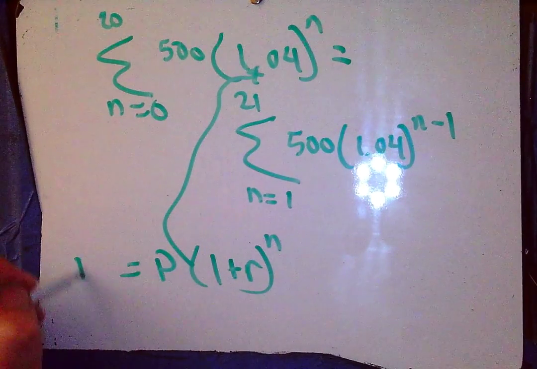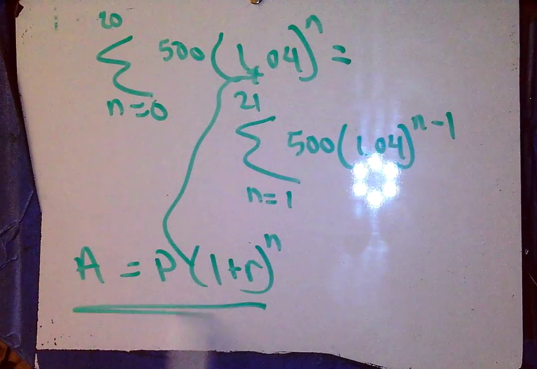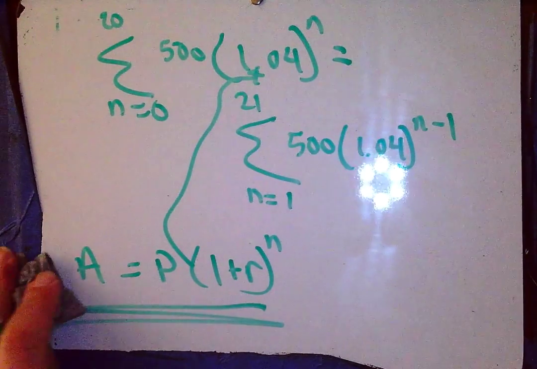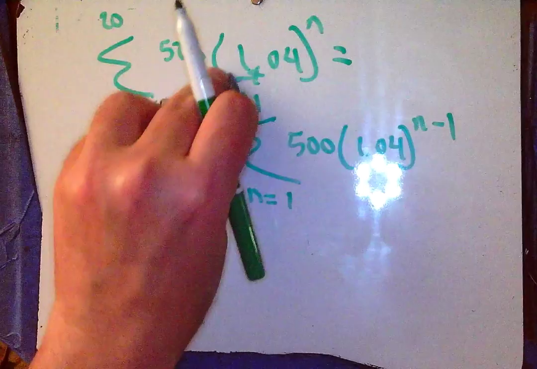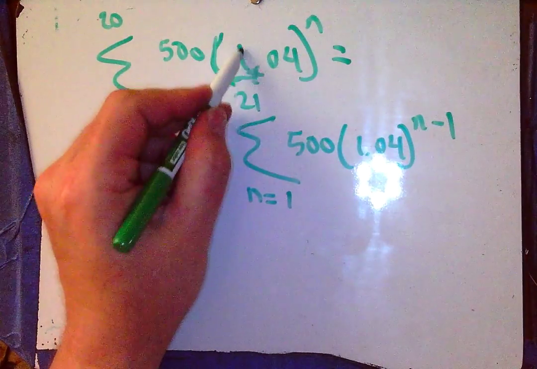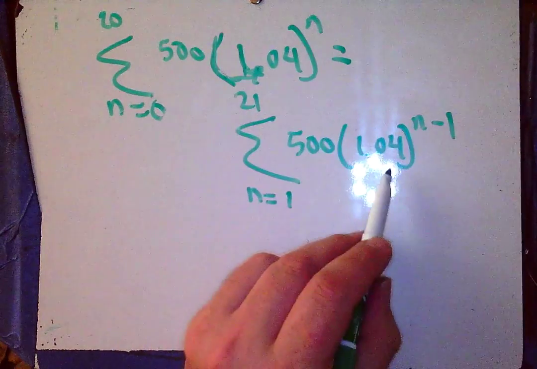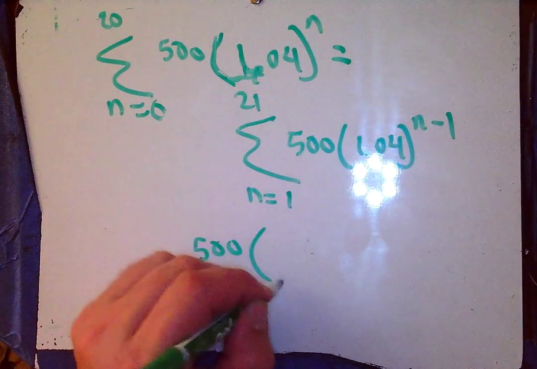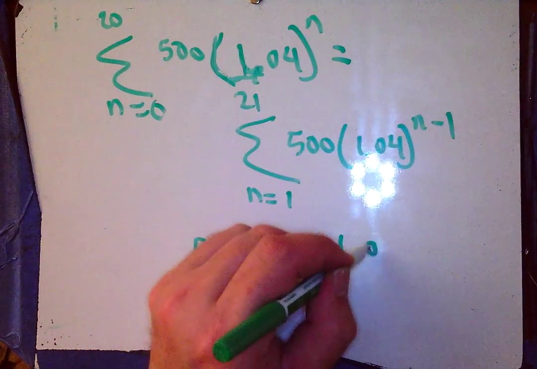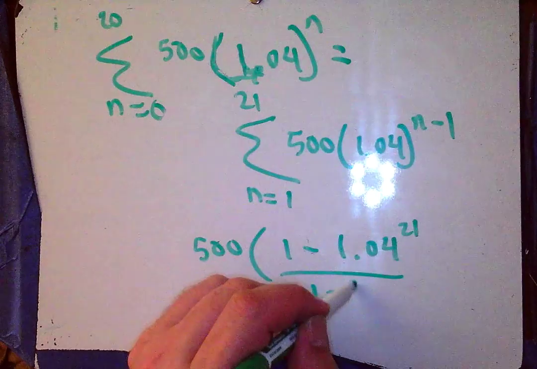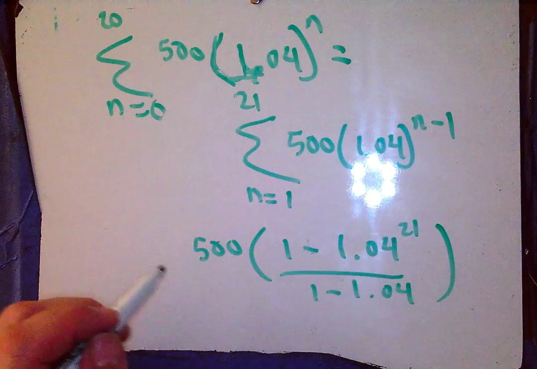Remember our exponential growth formula for annual growth. And we could find the sum of all that exponential growth by using our shortcut formula, 500 times 1 minus 1.04 to the 21st over 1 minus 1.04.